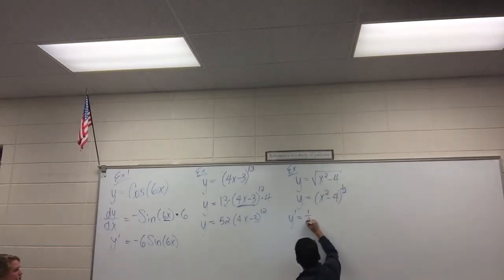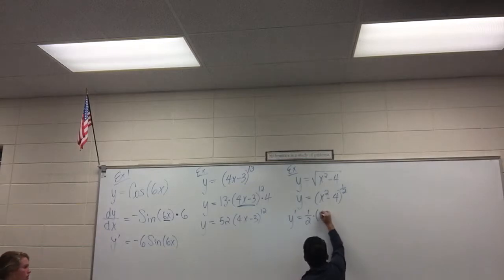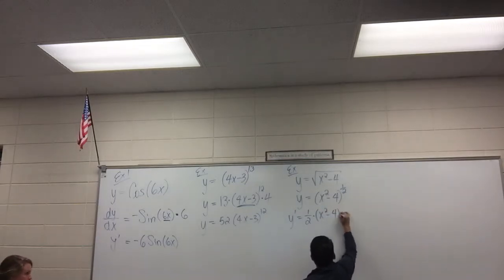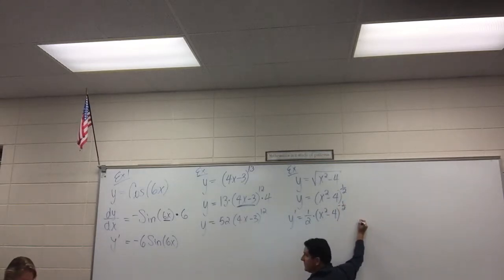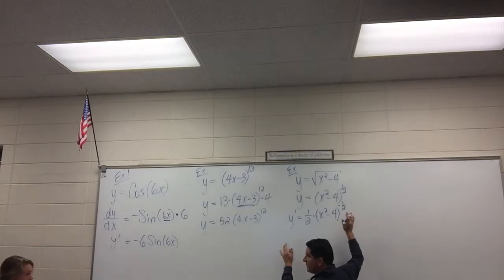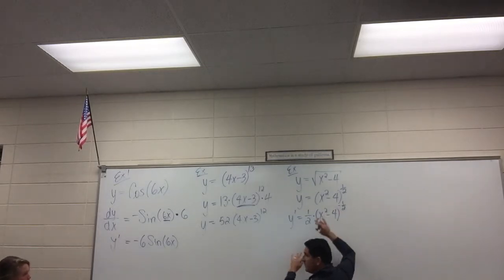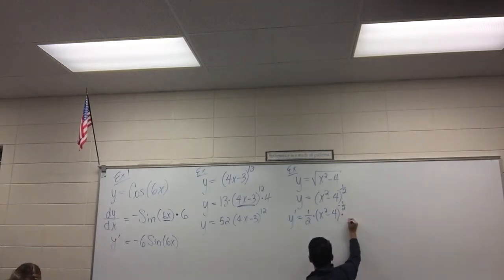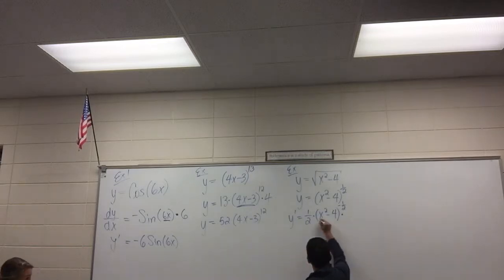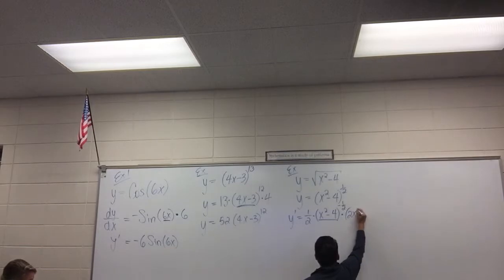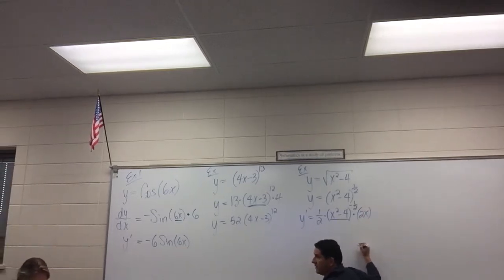So it's 1/2 times x squared minus 4 to the 1/2 minus 1, so it's the negative 1/2. And that's only the first part, right? Because that's the outside. Then you've got to multiply this by 2x, because that's the derivative of what's inside. You see that? You getting the hang of it?